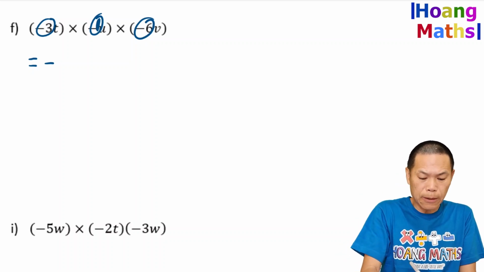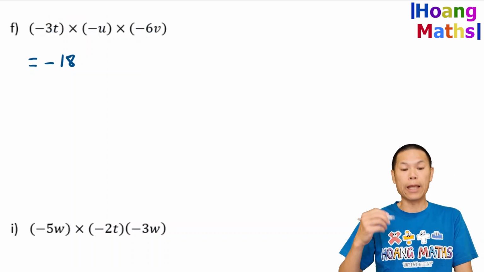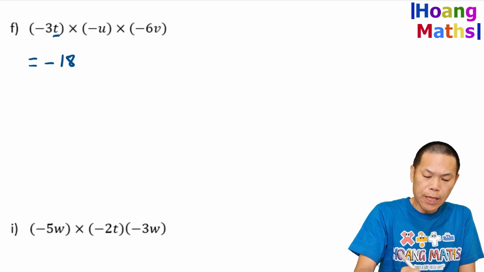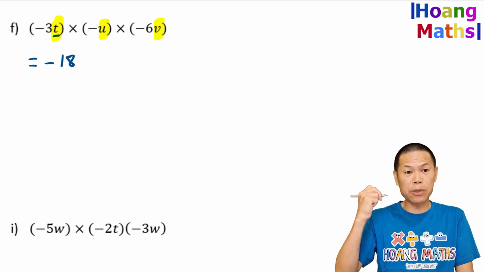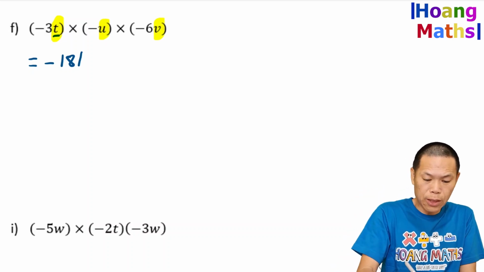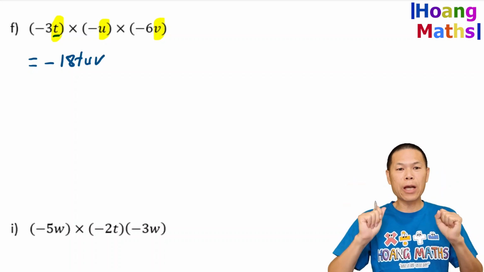So the answer is negative 18, because 6 times 3 is 18. And then we have T times U times V, so T, U, V. There you go.